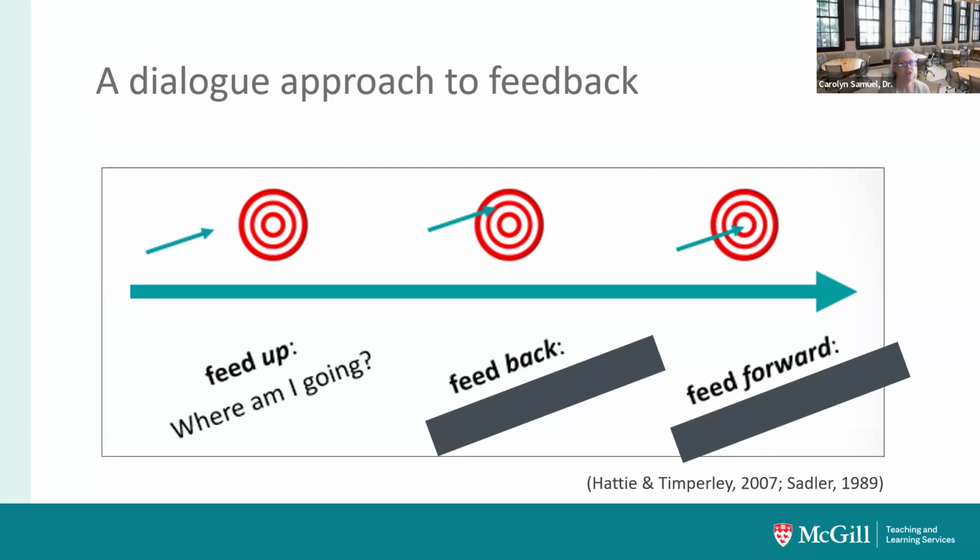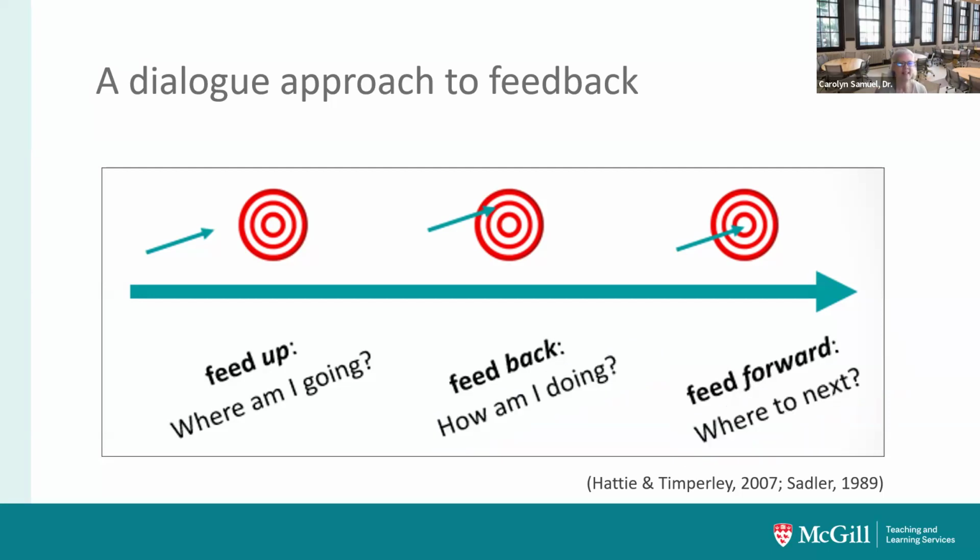Okay, so for the rest of you, you've had a chance to think, and now we're going to show you the questions. The 2 other questions are how am I doing and where to next? With how am I doing, students are thinking about what the gap is between the target, what they're aiming for, and the work that they actually handed in.